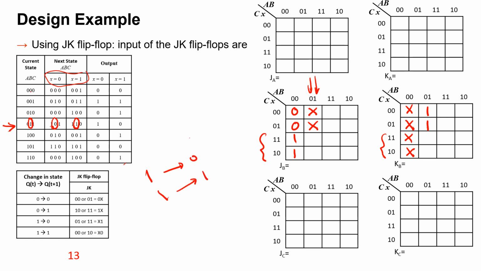For transition from 1 to 0, I have to have this, right? 1 to 0 will be don't care, 1, don't care, 1, don't care, 1. And transition from 1 to 1, don't care, 0, don't care, 0.